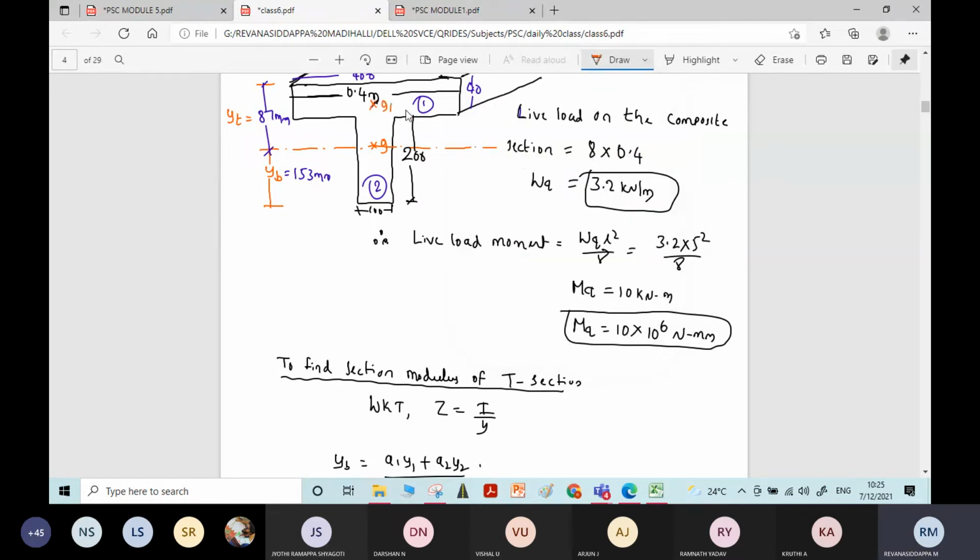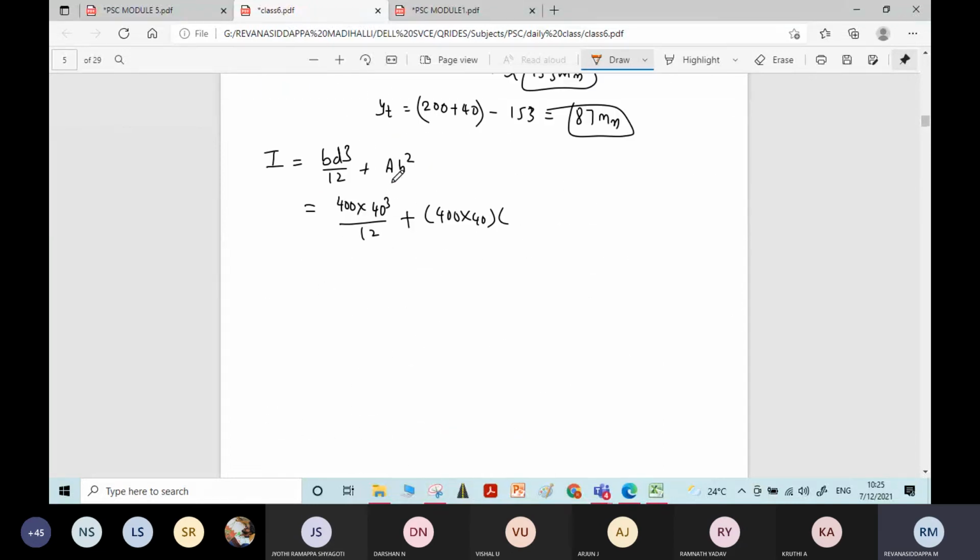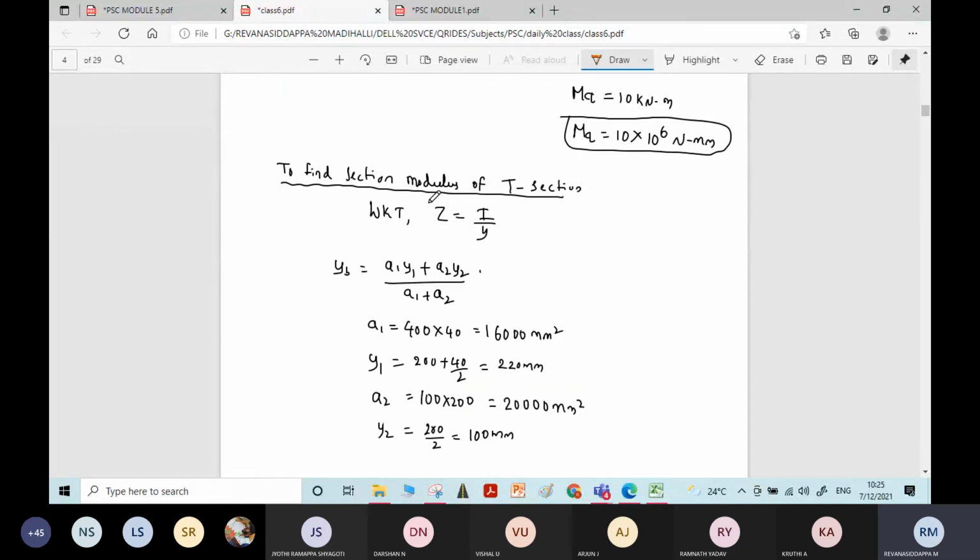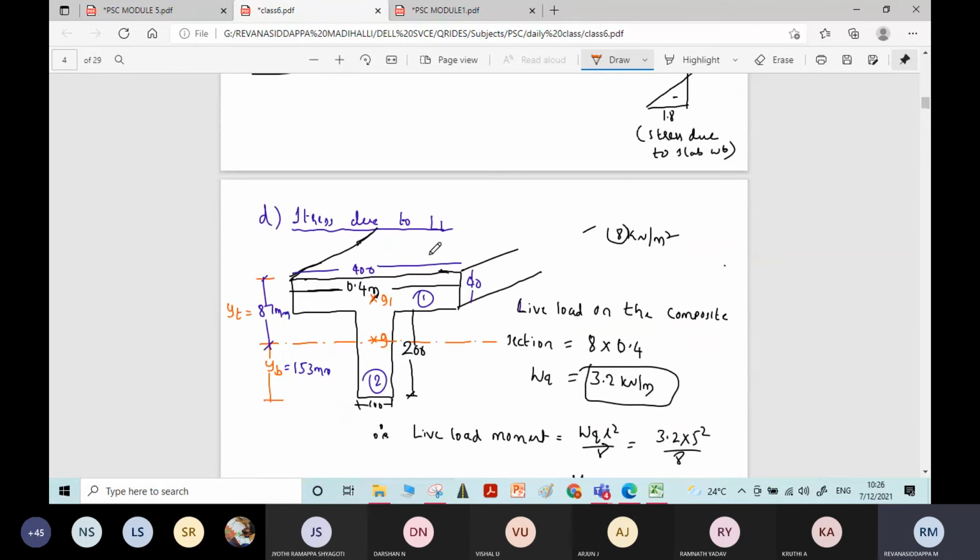G1, distance between these 2 points, how much? From top fiber, distance of centroid of whole figure is 87 mm.